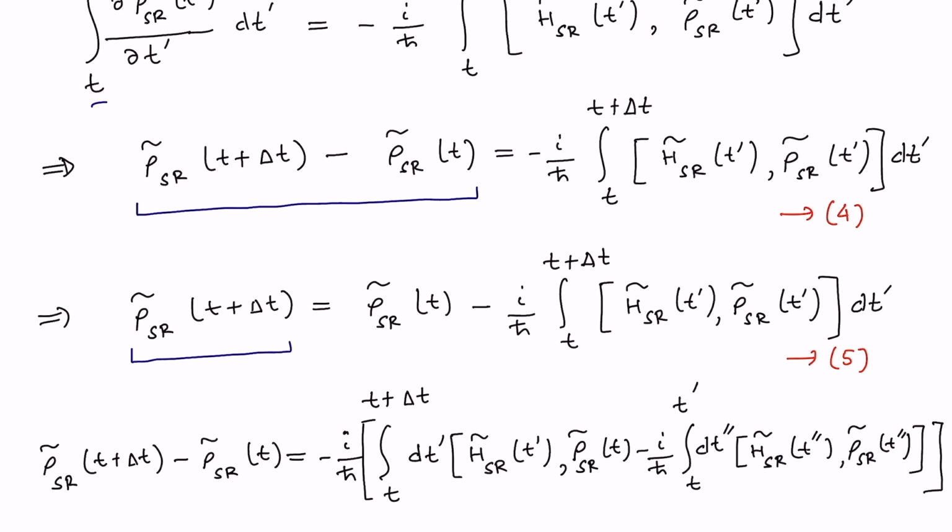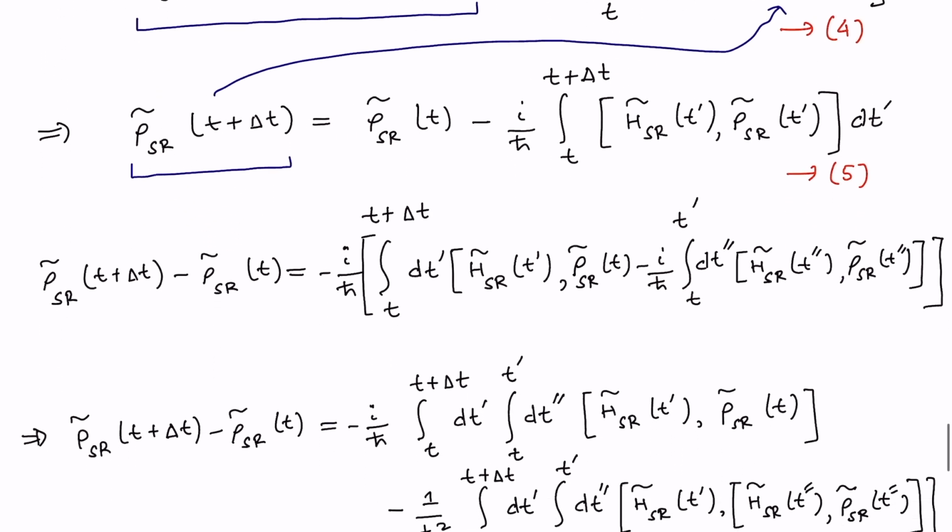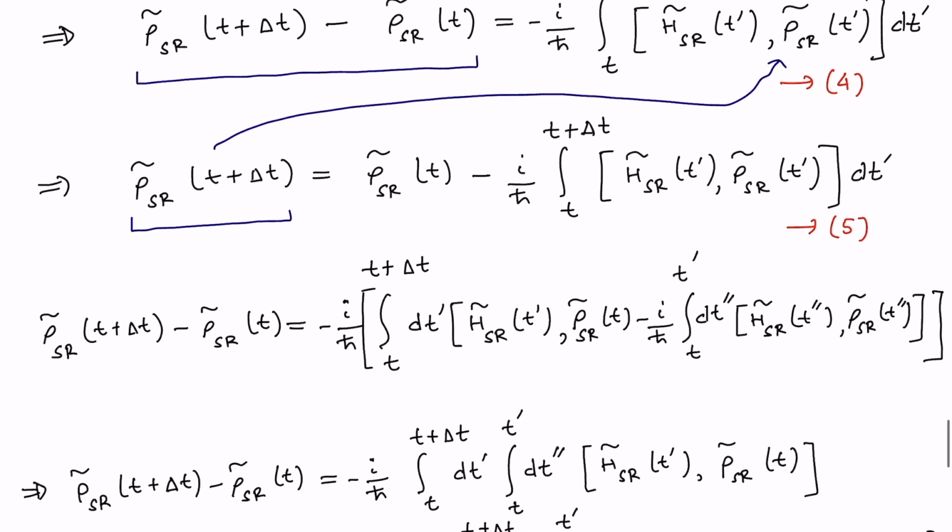So we can utilize this expression in equation number 4 for rho tilde SR at t dash. If you look at equation number 4 once again, the left hand side remains as it is.